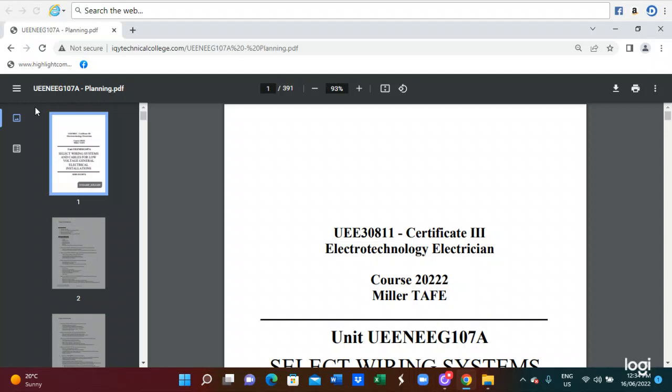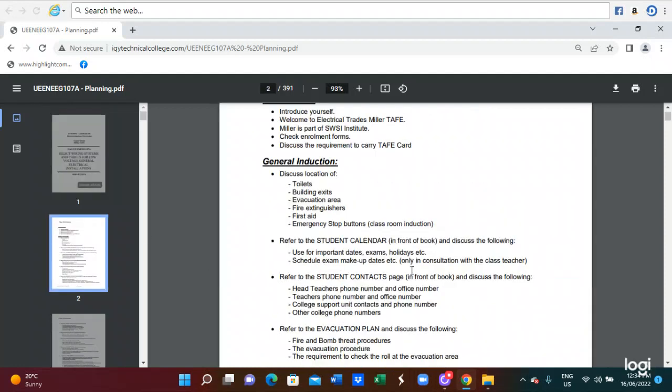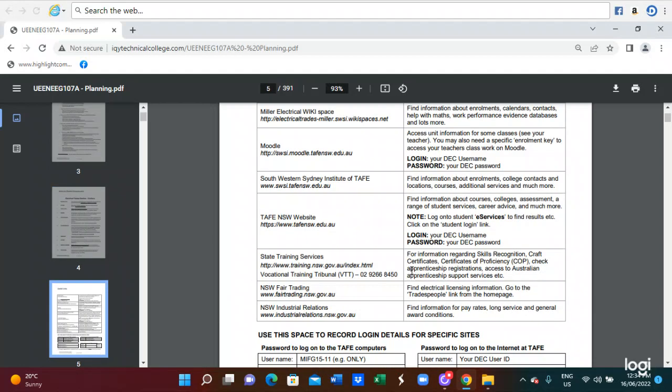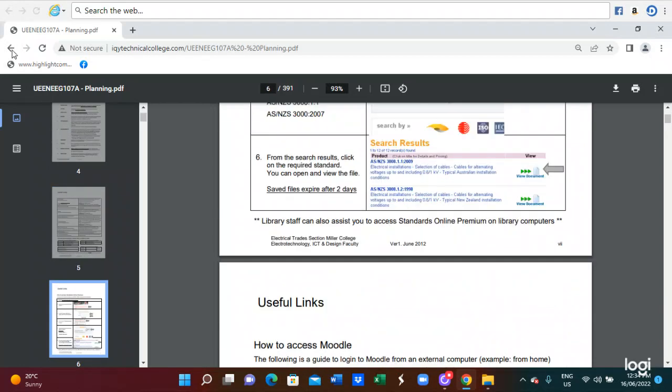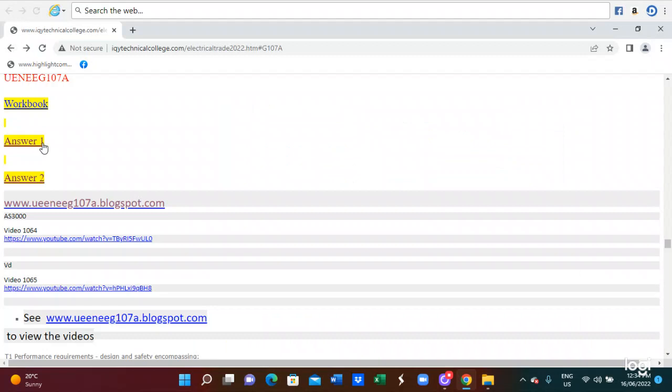So those are the G107 workbook. So you study the workbook, and also you study the answer. Those are the answers for the workbook. Workbook answer, G107 workbook answer part 1 as well as part 2.